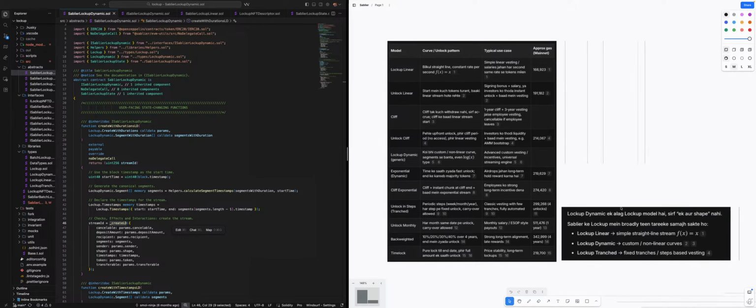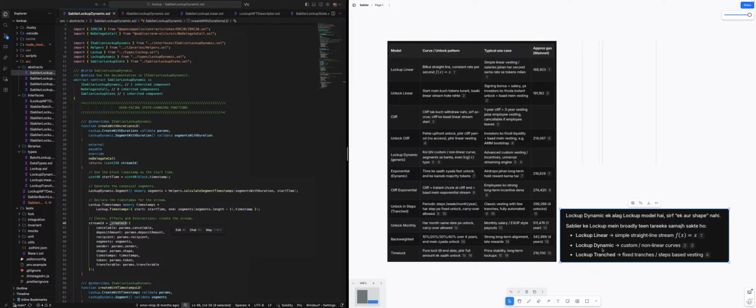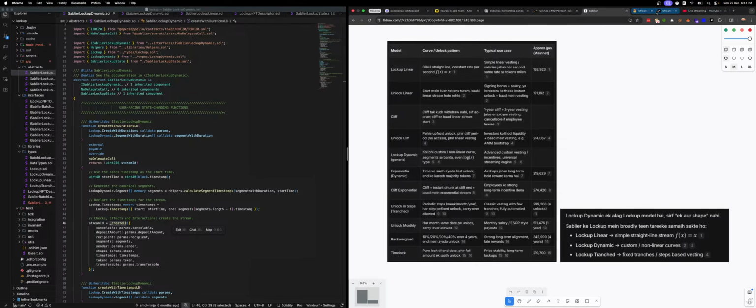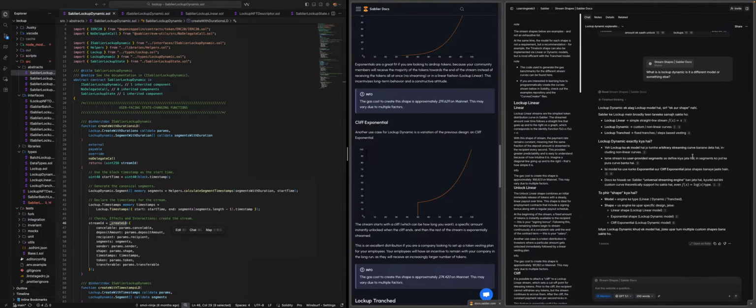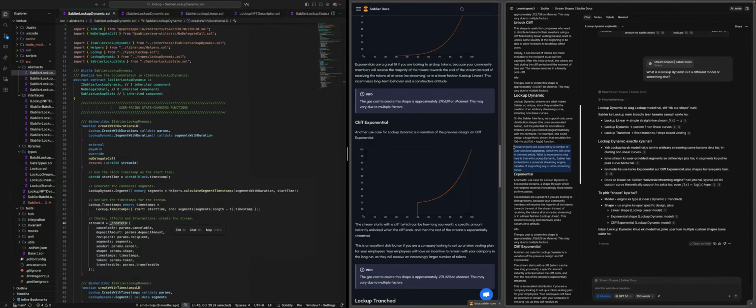So lockup dynamic is basically a custom curve which we can create using, what was it mentioned, components, segments, this range of all.